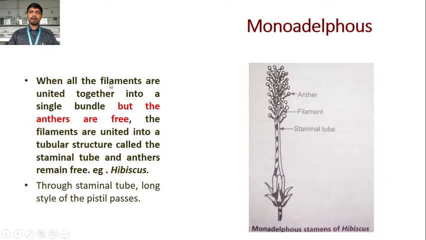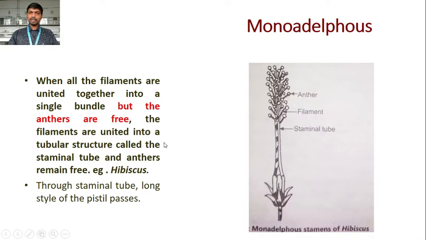When all the filaments are united together into a single bundle, mono meaning single, one, but the anthers are free. So monoadelphous stamens are those where all the filaments are united into a single bundle but the anthers are free. This is seen in the hibiscus, where the filaments are united to form a staminal tube while the anthers are free.